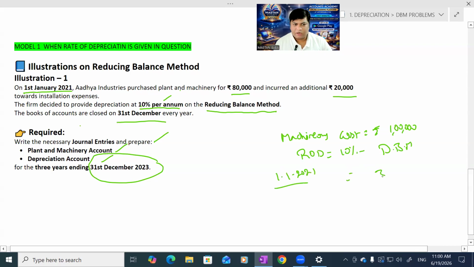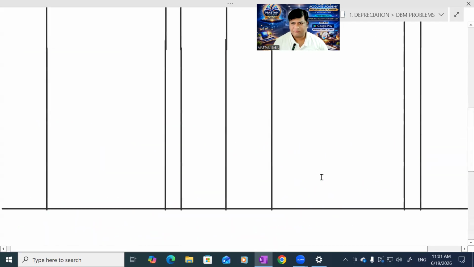They are asking up to 31st December 2023, and they are asking for the plant and machinery account as well as the depreciation account and journal entries. Even though they ask for the journal entries first, it's better to prepare the ledger account because we'll calculate the depreciation amount for the journal entries. So let's present it. It's the same as the FI method itself.